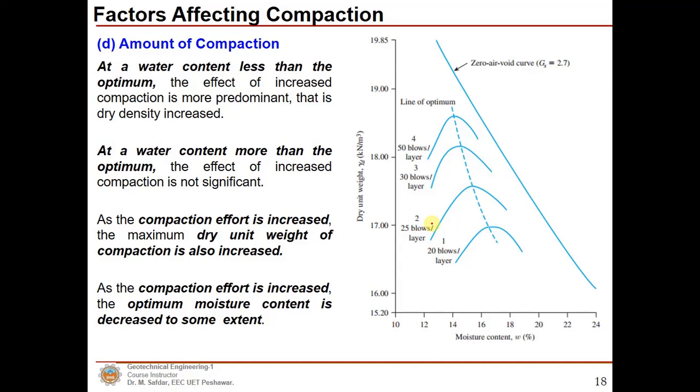Now we discussed the amount of compaction. I would call that compaction effort.